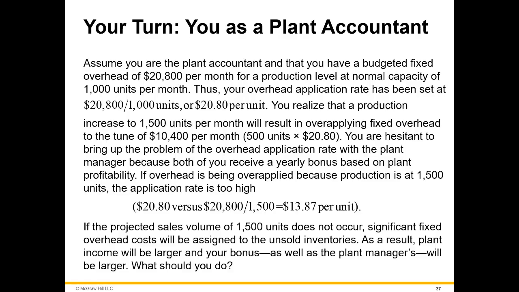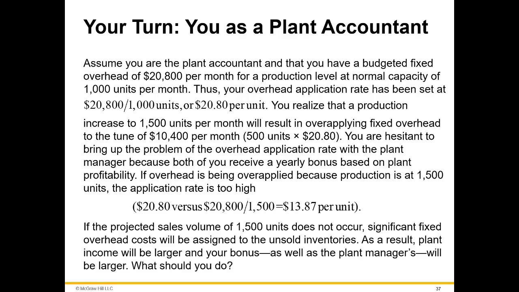You're hesitant to bring up the problem of the overhead application rate with the plant manager because both of you receive a yearly bonus. If overhead is being over-applied because production is now at 1,500, the application rate is too high. If the projected sales volume of 1,500 does not occur, then many of these fixed costs are going to be assigned to unsold inventories.